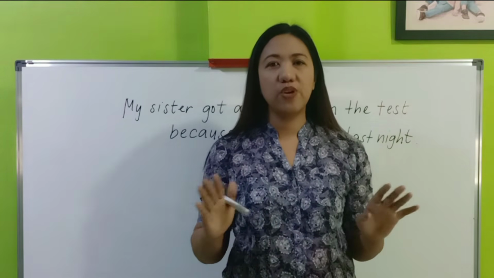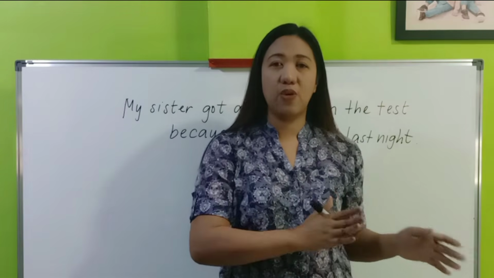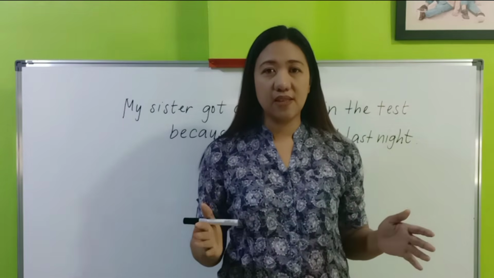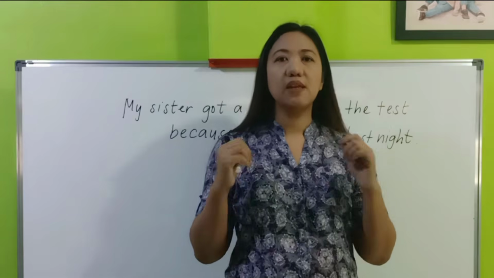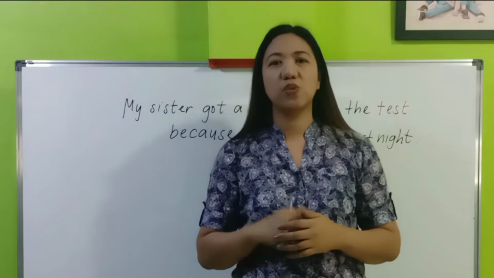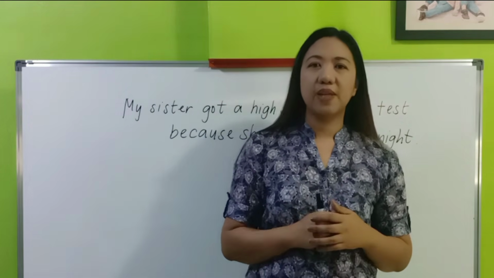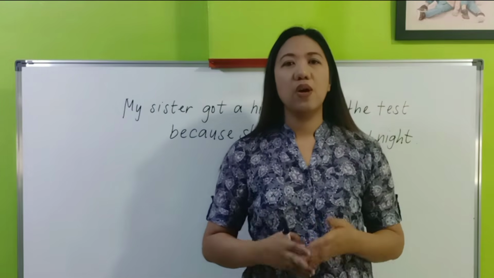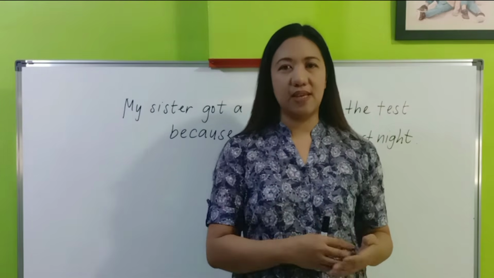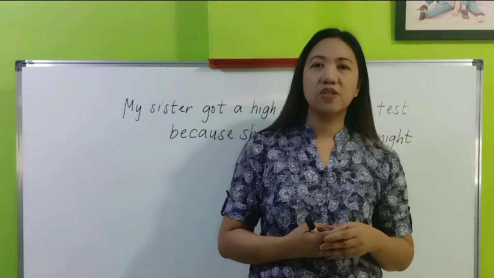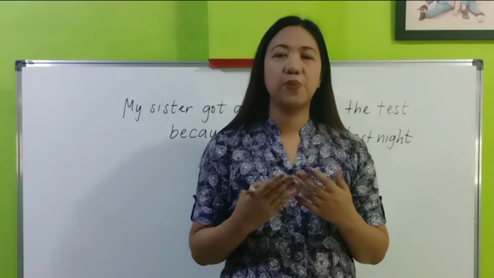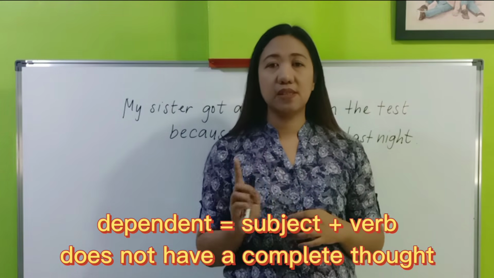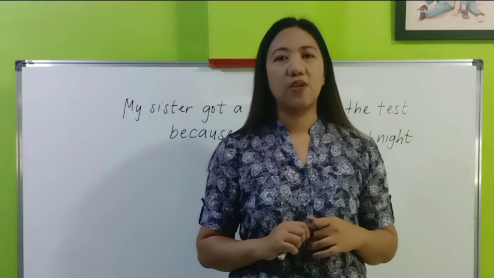Kahit alisin mo yung ibang clauses na kasamahan niya or kasama niya sa sentence, it still shows a complete thought. We'll have more on that later, but we have to define also what a dependent clause is. A dependent clause also contains a subject and a predicate, but it doesn't show a complete thought.